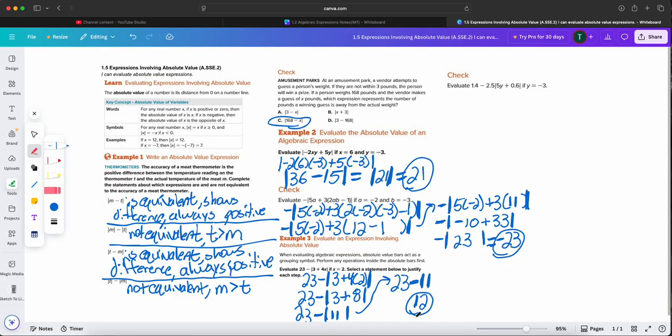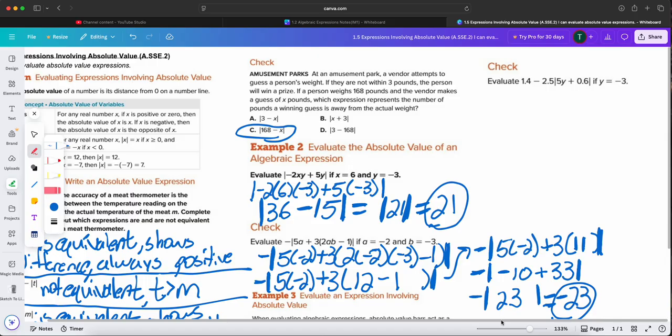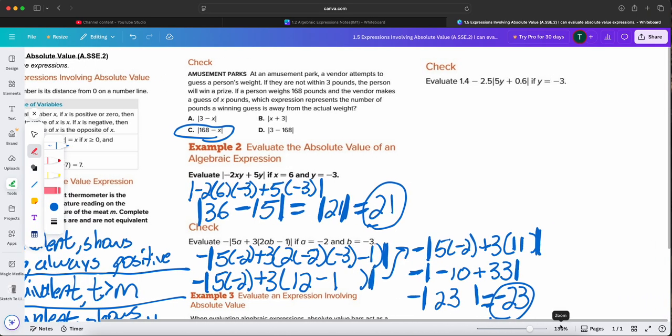Okay, so now we have this final problem over here on the side. It's going to act the same as the one I just did, because we have absolute values, which act as grouping. So we write everything that would stay the same: our 1.4 minus 2.5, and then the absolute value of 5y.